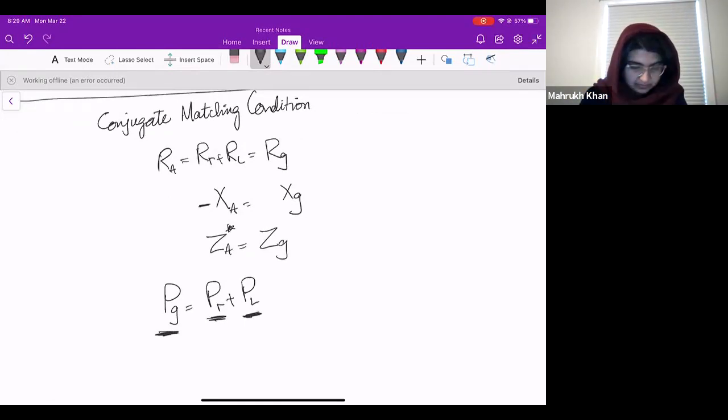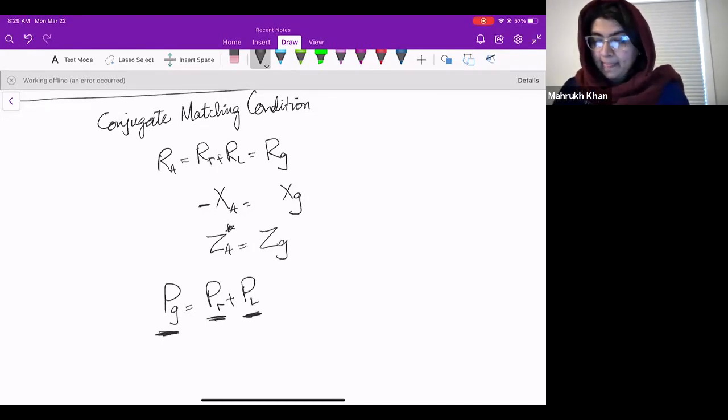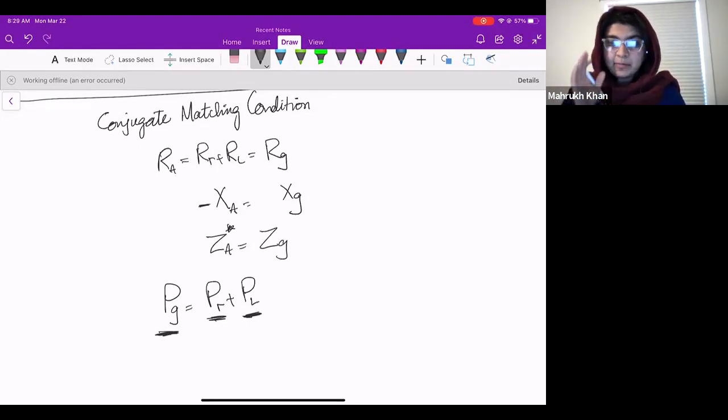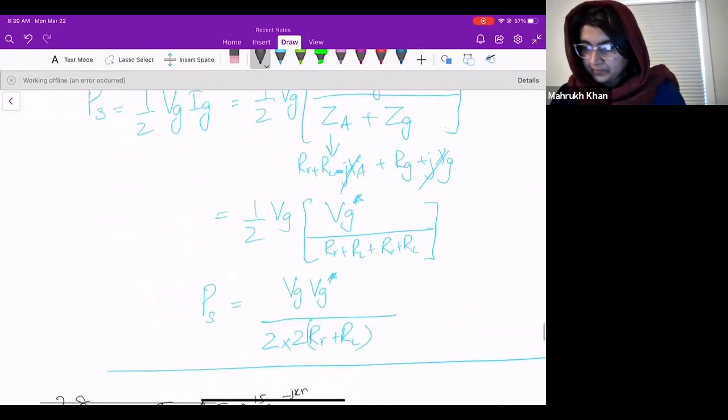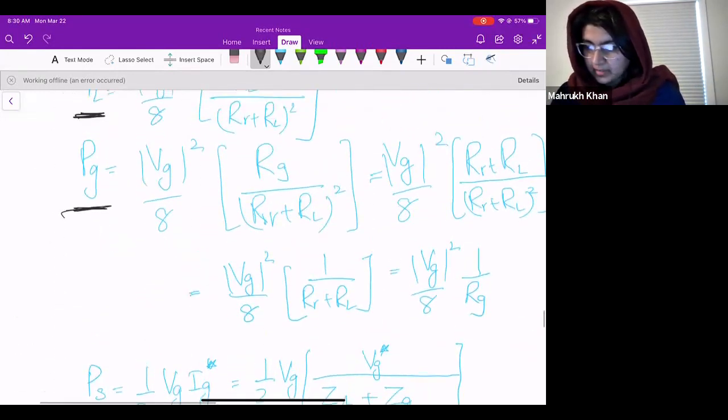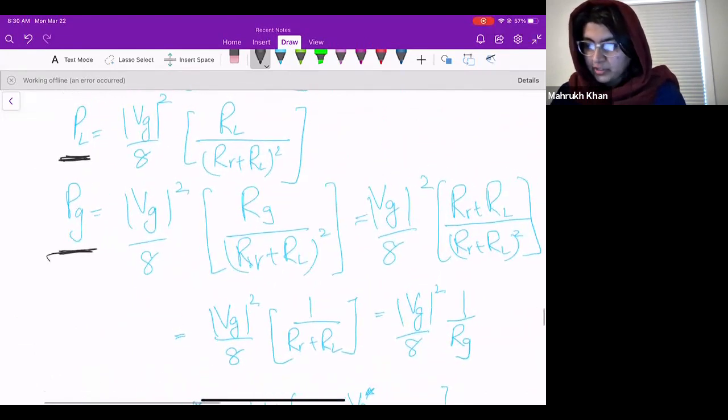Which means that we have three types of power dissipation, and under conjugate matching condition, the maximum power dissipation we have is across the generator impedance. So if you see here, in this scenario, our PG is Vg squared over 8 Rg.